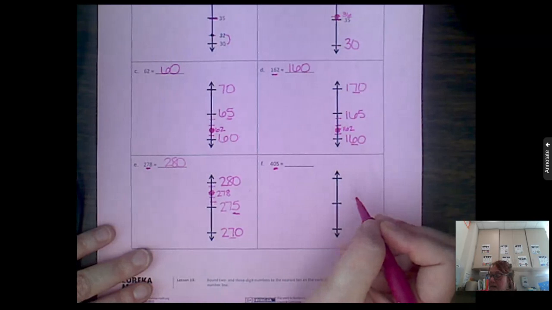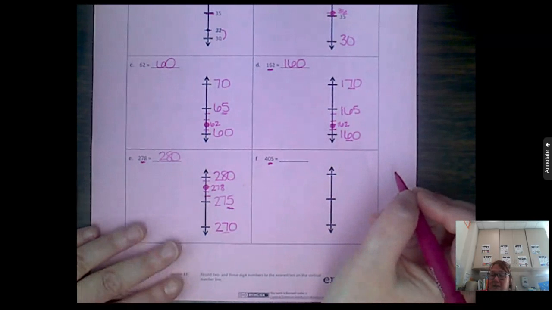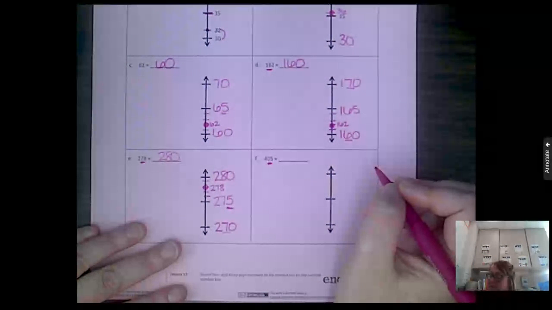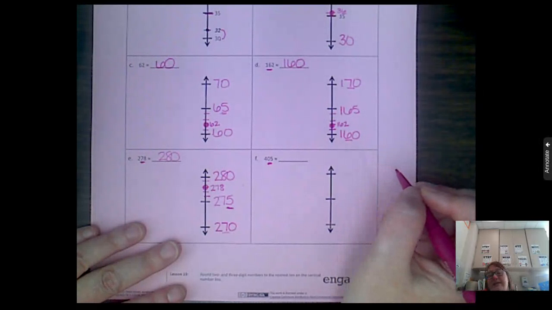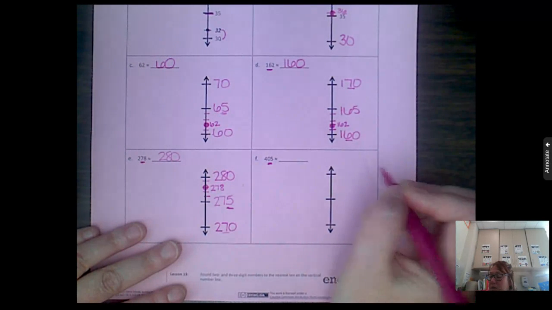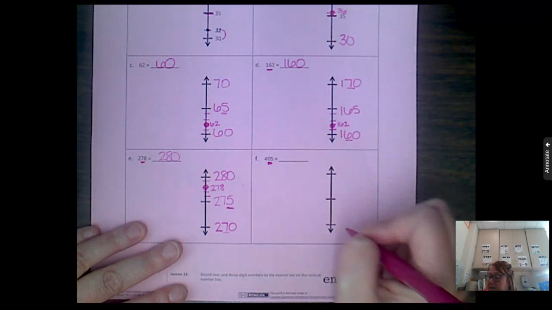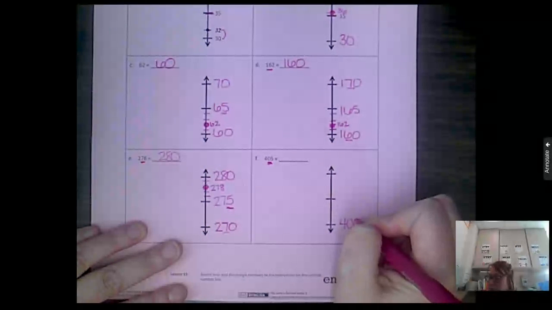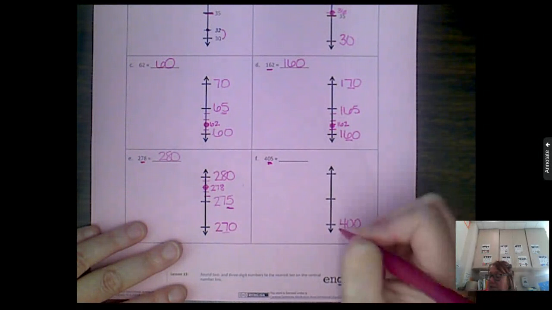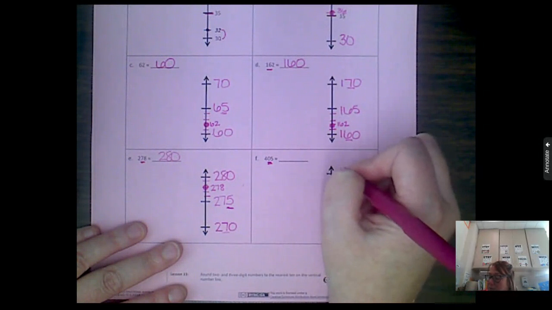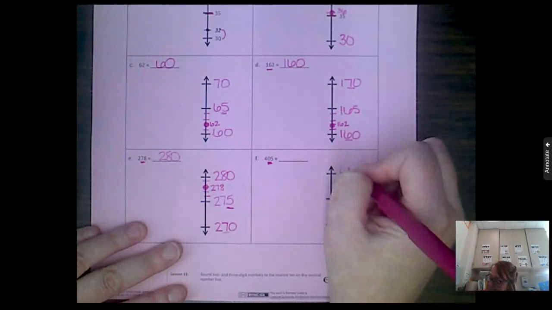Okay. And the last one, if you worked on this one on your own, let's check it over. So we've got 405. What 2 tens would 405 be between? What would we get for this one? Well, that was already a 0 there, right? So it would be between 400, and we want a 10, right? So 400 and 410.